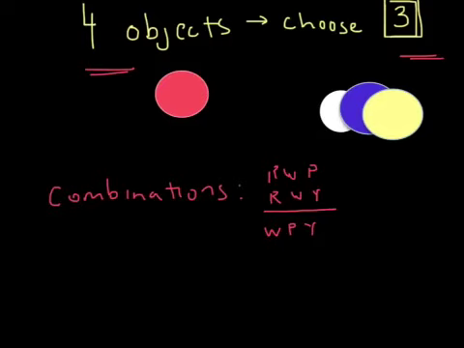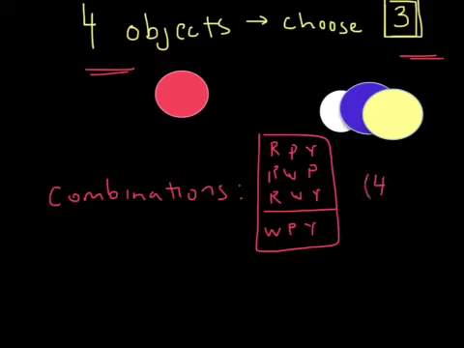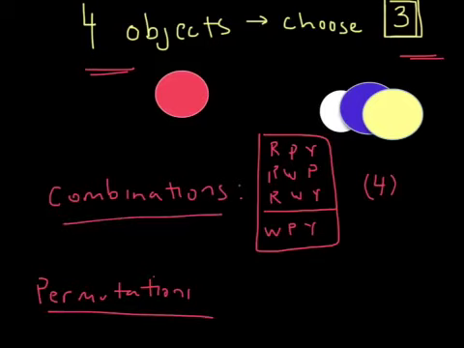Oh, and the one that I forgot is red, purple, yellow. And are there any more? I don't think so. So there are 4 different combinations. What about permutations? How many can you make?